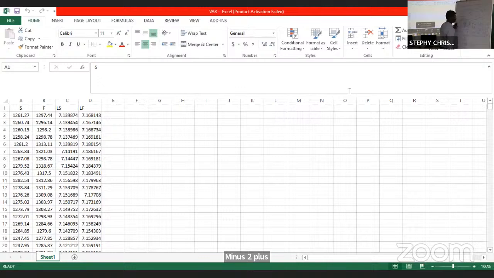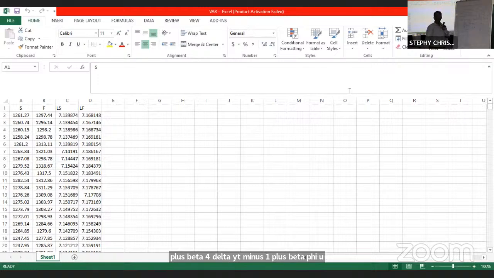That's it. Beta 1 delta xt minus 1, beta 3 delta xt minus 2 plus beta 4 delta yt minus 1 plus beta 5 delta yt minus 2 plus u1t.